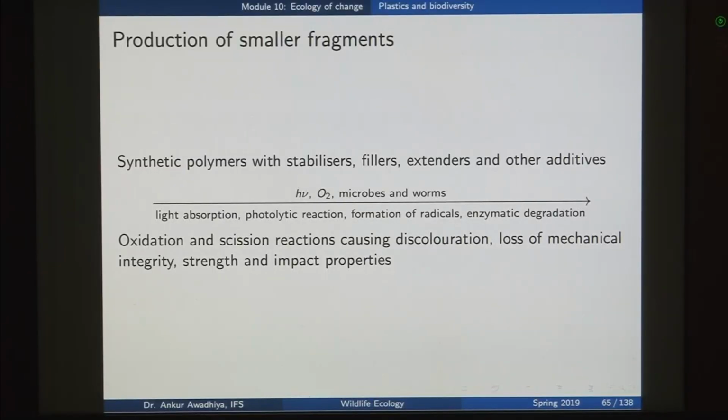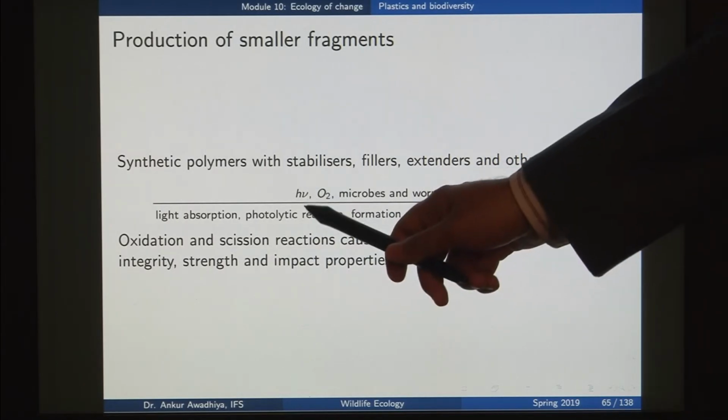So, how do these micro debris form? The production of smaller fragments or micro debris or even meso debris from macro debris and meso debris occurs like this. You have synthetic polymers that have stabilizers, fillers, extenders and other additives, and when they are out in the environment, they are acted upon by the UV light.